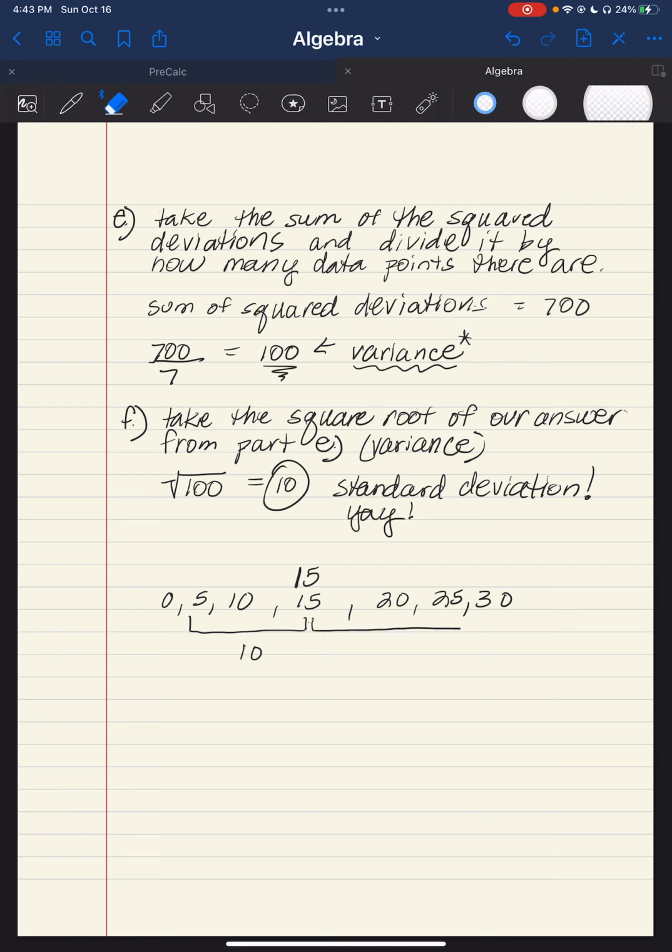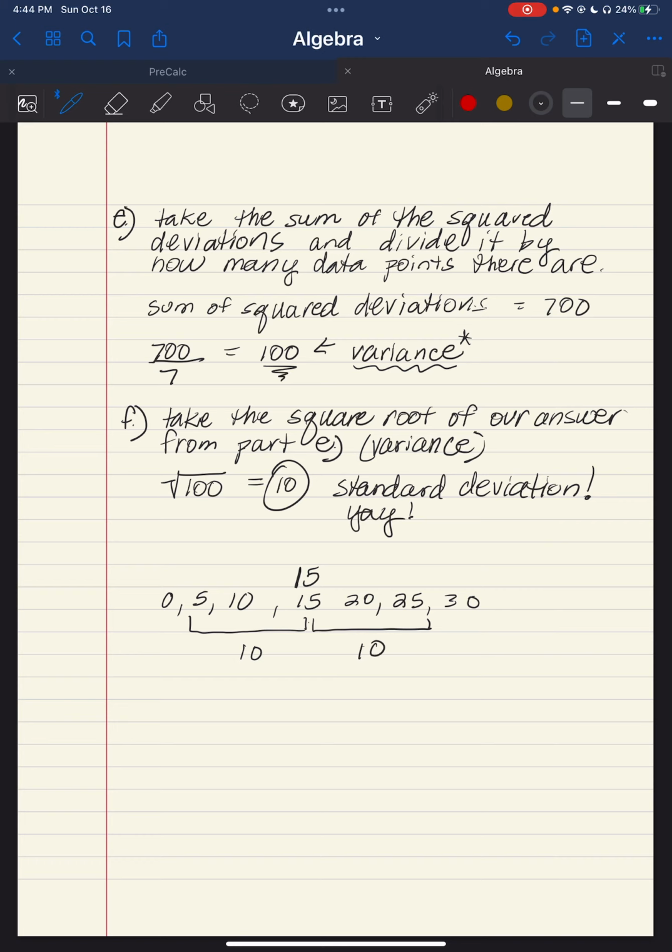This isn't to scale very well, so let's fix this real quick, just to make it look more evenly spaced. So we said 20, 25, and 30. And then if we take this scale here, this is also a size of 10 because those are the deviations.